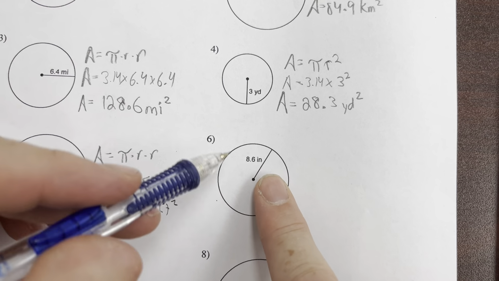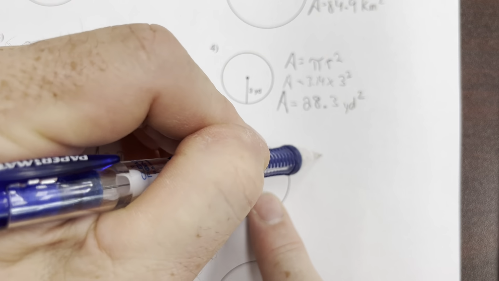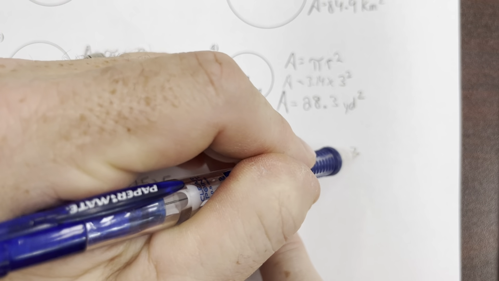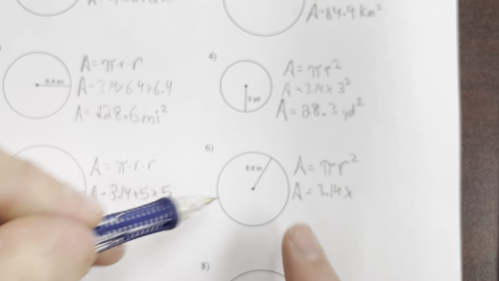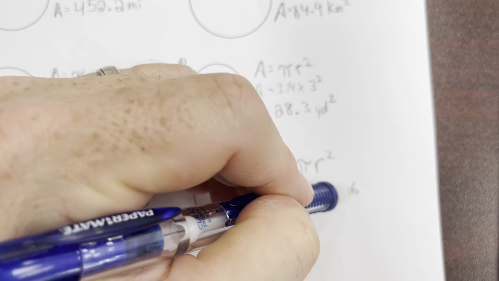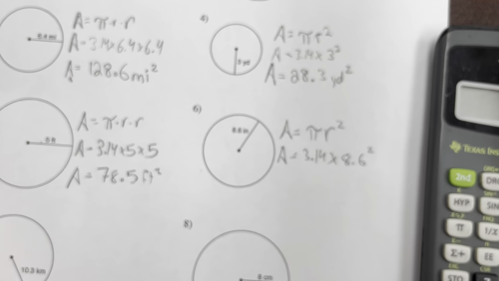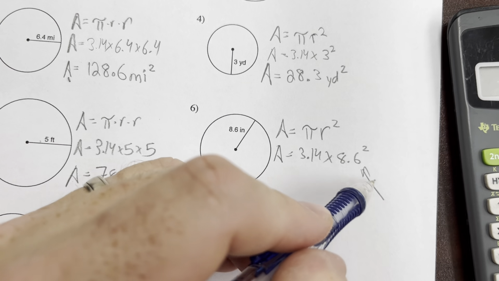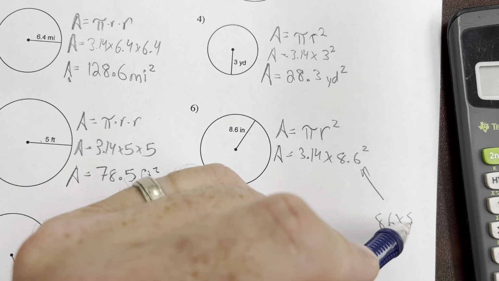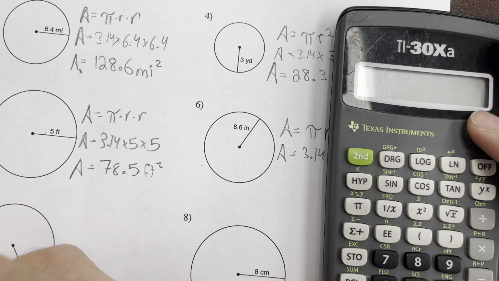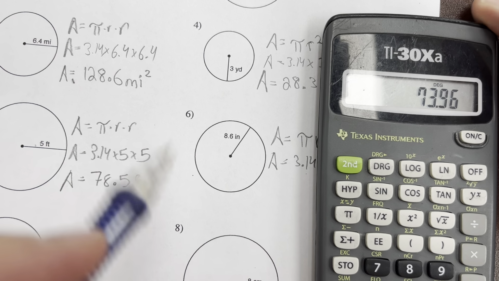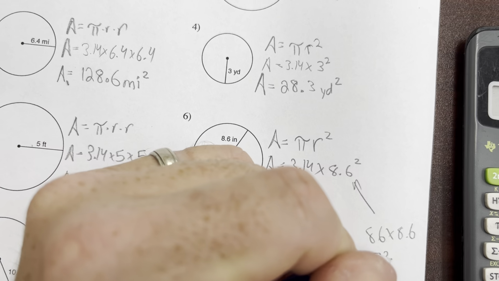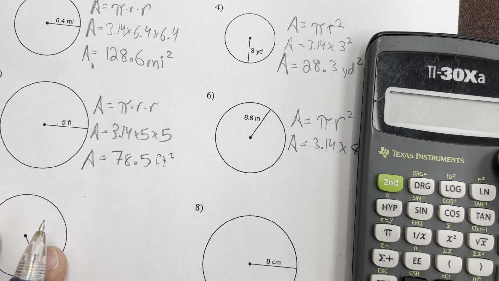All right, the last one I'm going to do here. Area equals pi r squared. Area equals 3.14 times 8.6 squared. That just means 8.6 times 8.6, which is 73.96.